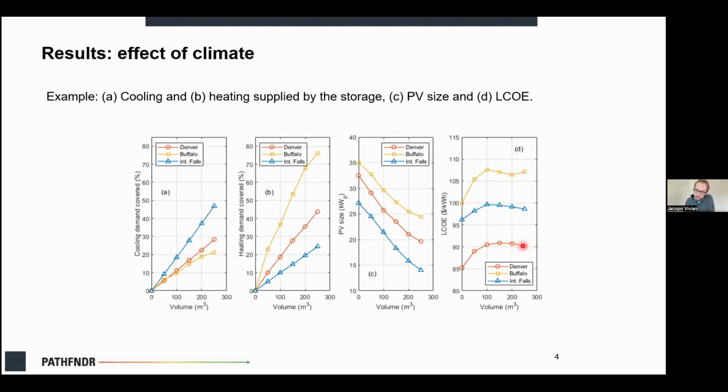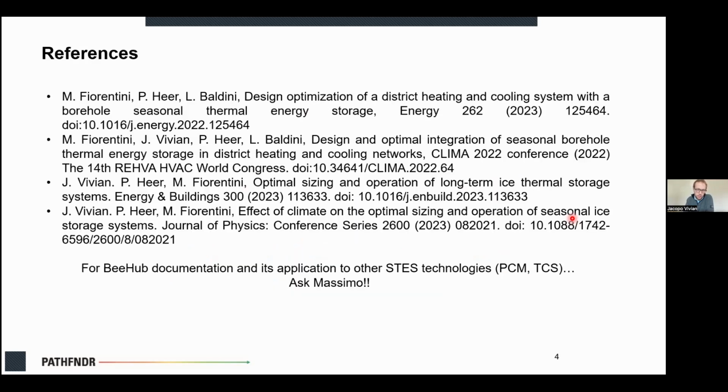So as you can see, in Denver, which is this line here, and in Buffalo, there is quite a significant difference and gap between the situation with and without ice storage. But if you move to a colder climate like International Falls, for the reason I mentioned before, the difference is lower. So by this interpretation of the results, it means that colder locations are more suitable to ice storage systems.